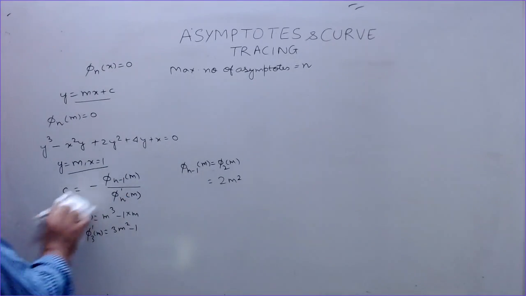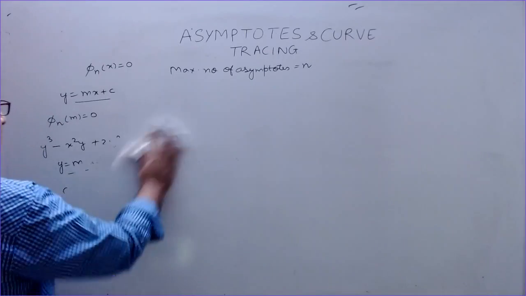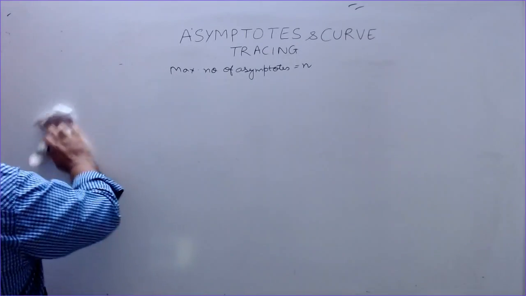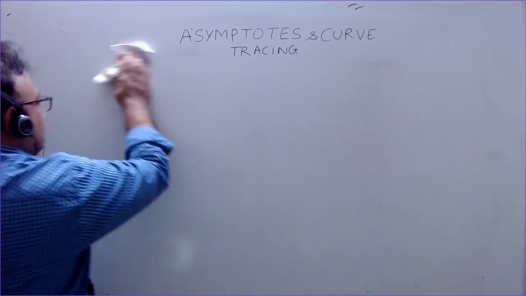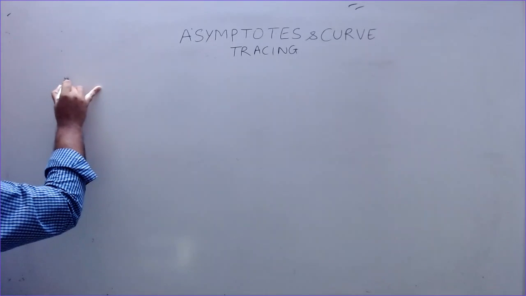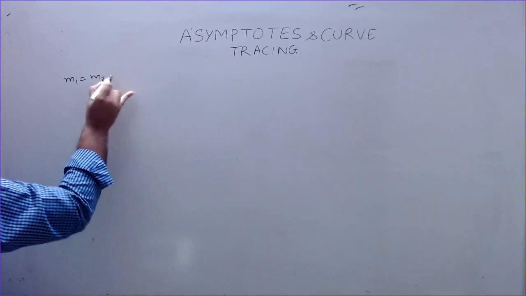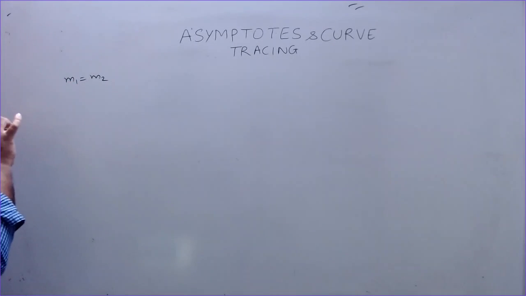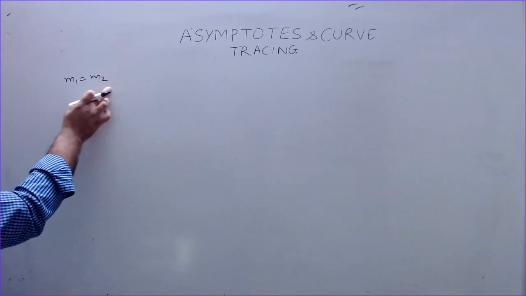Let us see what is that. I am talking about asymptotes which are parallel to each other, not parallel to the axis. So for finding the asymptotes which are parallel to each other, suppose we get two values of m which are same.